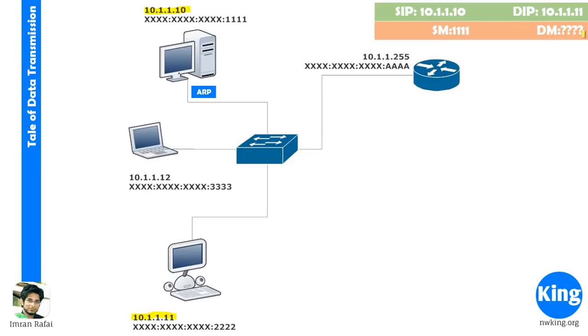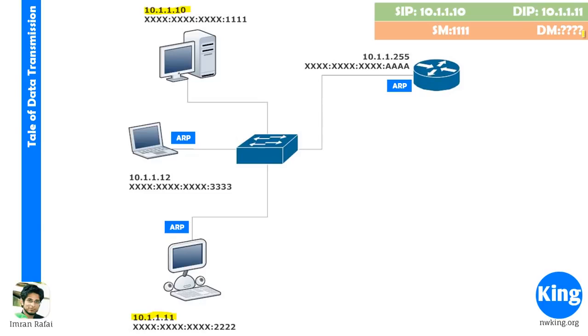What it does is send the IP address with the ARP request to the switch. Now ARP is broadcast traffic. So the switch takes that ARP request and sends it out on all the ports. ARP is like calling out your friend's name in a crowd, right?